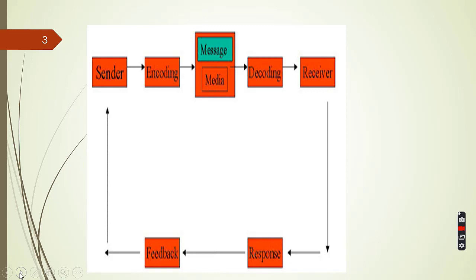In encoding, the sender uses verbal methods such as words or non-verbal methods such as symbols, signs, body language, gestures, or facial expressions to translate the information into a message. It is called encoding. Message is the piece of information he wants to transfer.